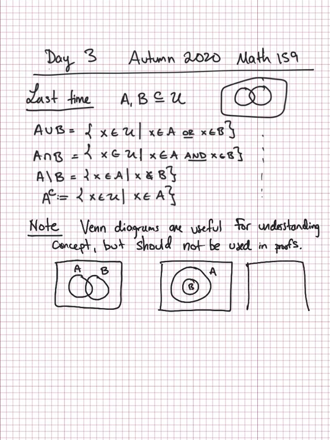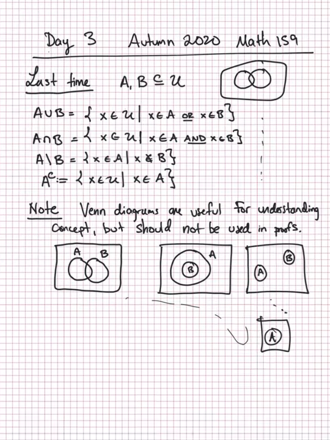Or A and B might be completely disjoint from one another, so there aren't any elements in both. And there are more possibilities. B might be the empty set, so I might just see A here. If you are trying to write a proof using Venn diagrams, you have to include all of these pictures, and that's not what you want to do. So in this class, I'm going to give you the tools to write formal proofs that are careful and encompass all of the possibilities of these pictures.